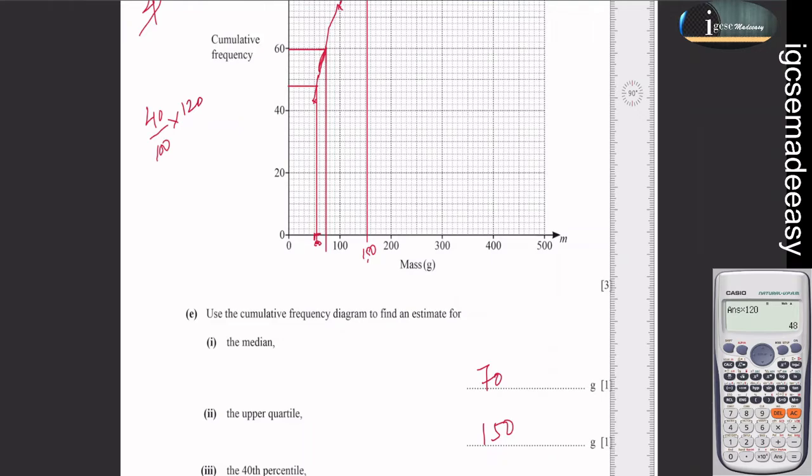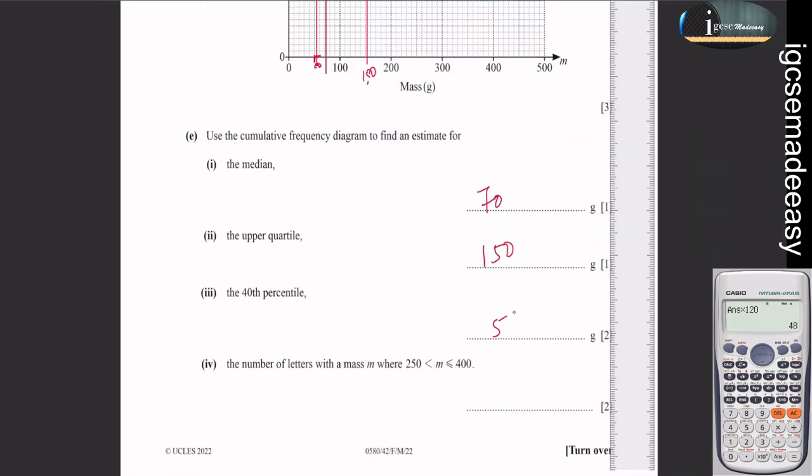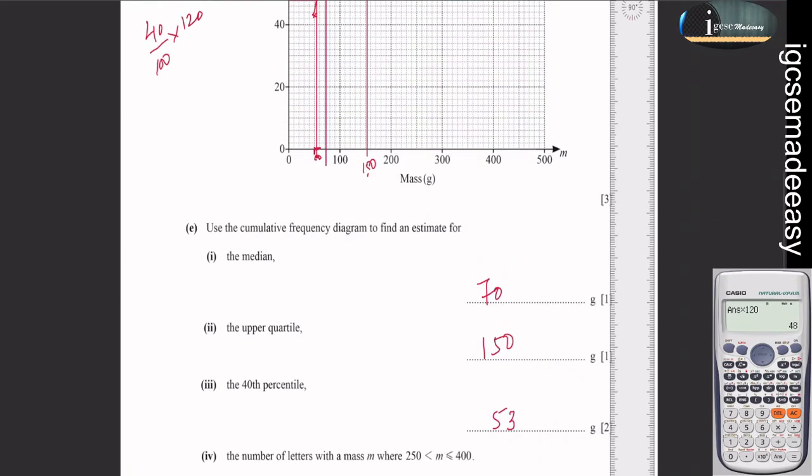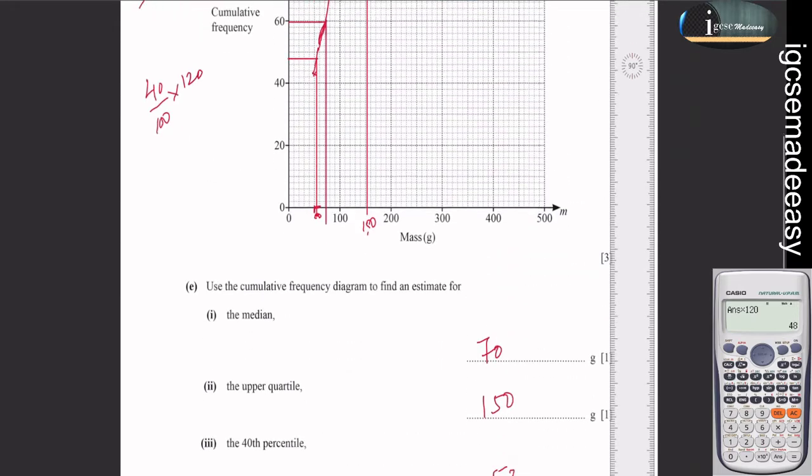This one whole box is 10, so I'm getting a little bit more than that. According to this diagram, it should not be 51, it should be around 52 or 53 we can write, because one box itself is 10. So it may vary a little bit, plus or minus, but there should not be too much error.